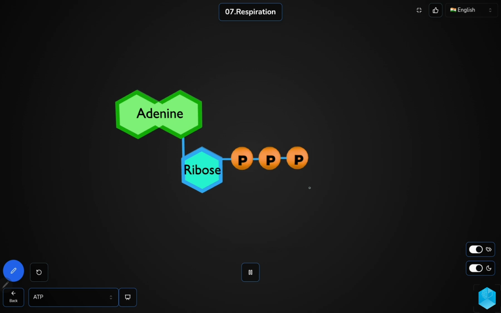When ATP is produced, this energy is stored in the last terminal phosphate molecule.